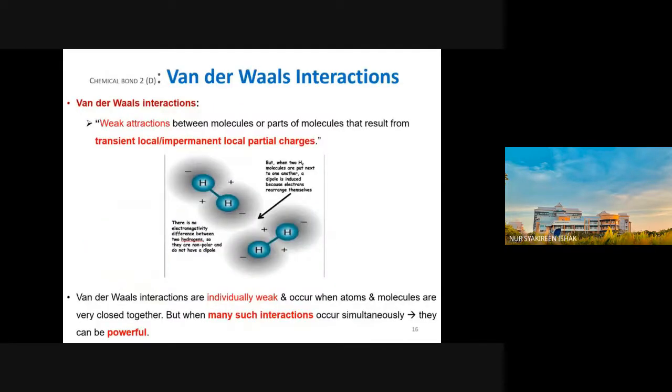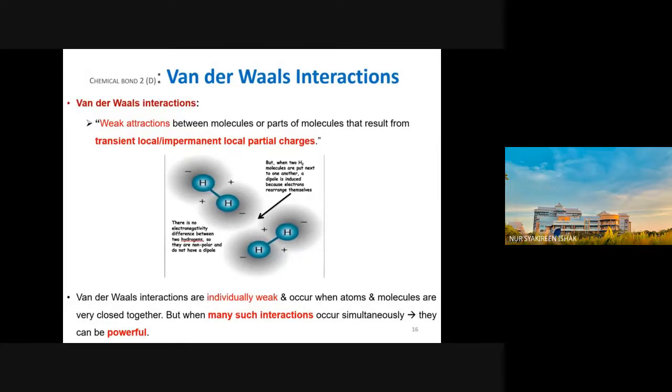The next chemical bond is van der Waals interaction. Van der Waals interactions are weak attractions between molecules or parts of molecules that result from transient, impermanent local partial charges. If they exist individually, they are weak and occur when atoms and molecules are very close together.